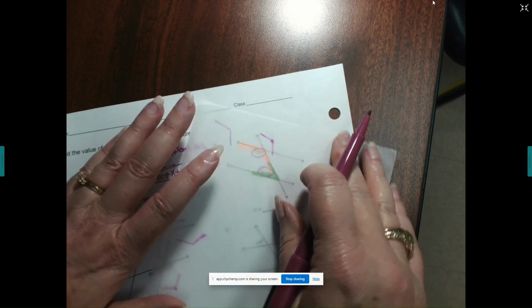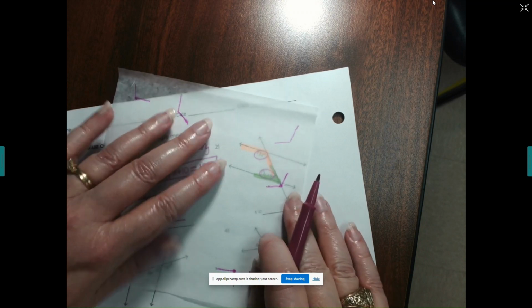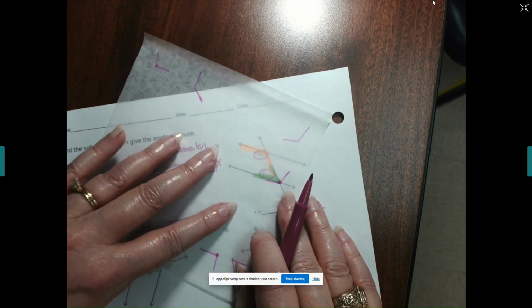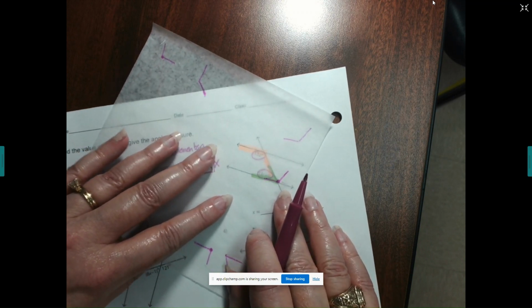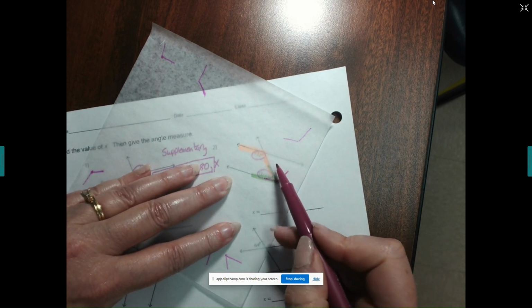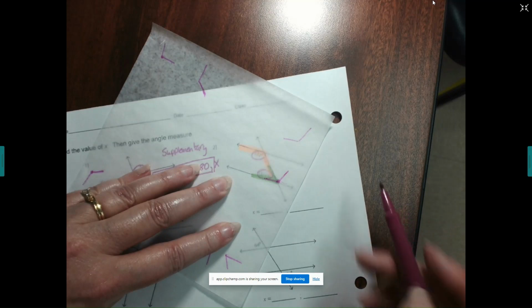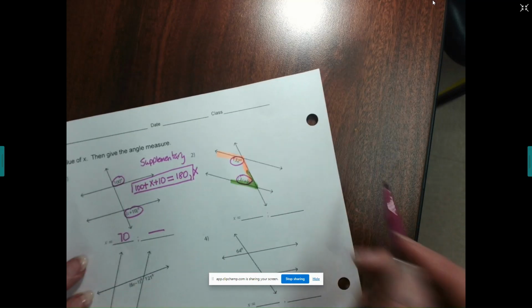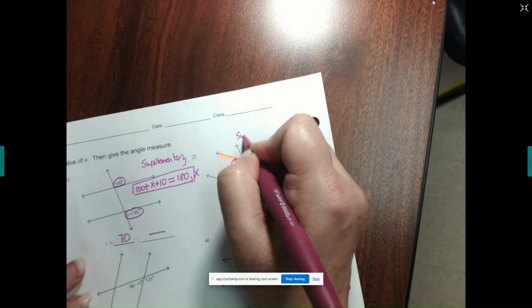So now I'm going to take it and I'm going to put my vertex on this angle down here and line up one of the arms. And look, this arm is way out here. It's much, much bigger than this angle that I've highlighted in green. They are not the same. Again, they are supplementary.